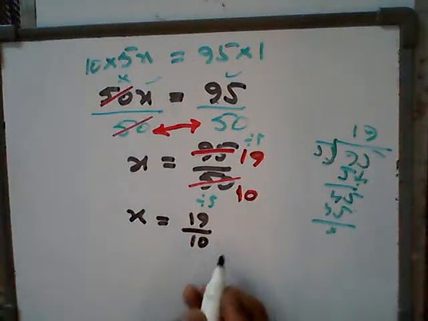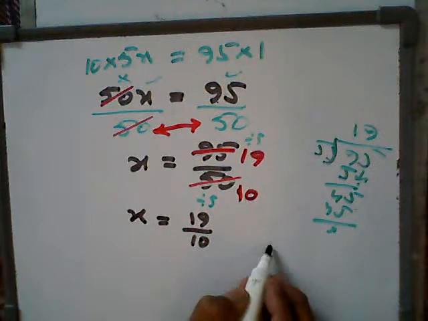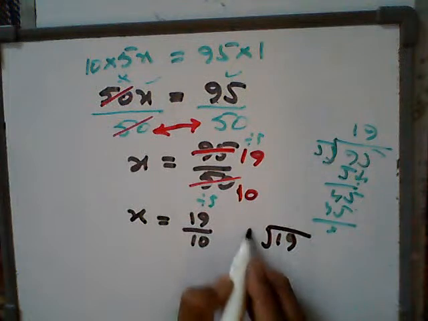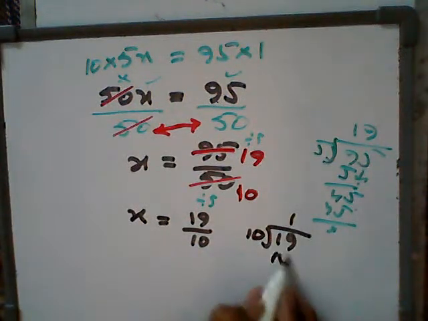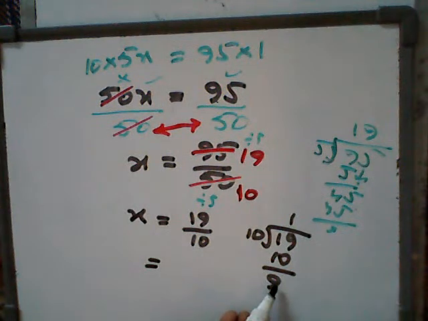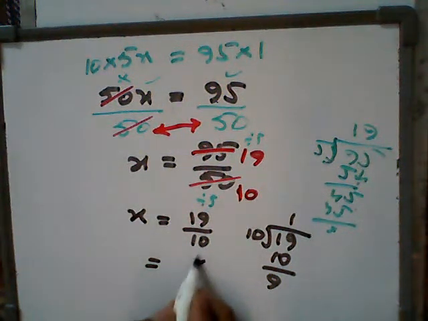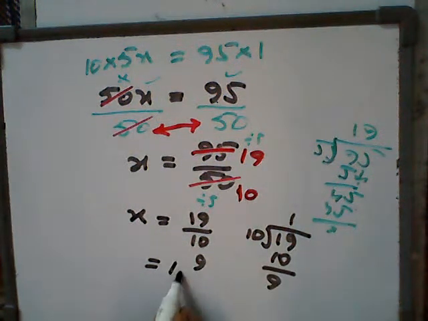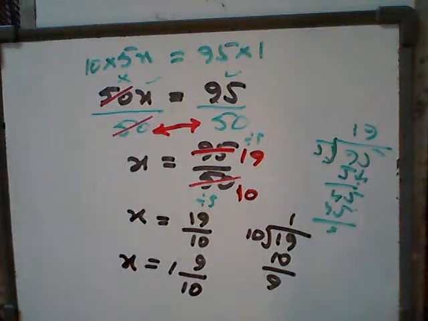Again, the numerator is bigger than the denominator, so we divide it to convert it into a mixed fraction. 19 divided by 10, 1 ones are 10 and the remaining is 9. So the quotient goes in the middle, the remainder goes on top, and the denominator stays at the bottom. So this is your answer.